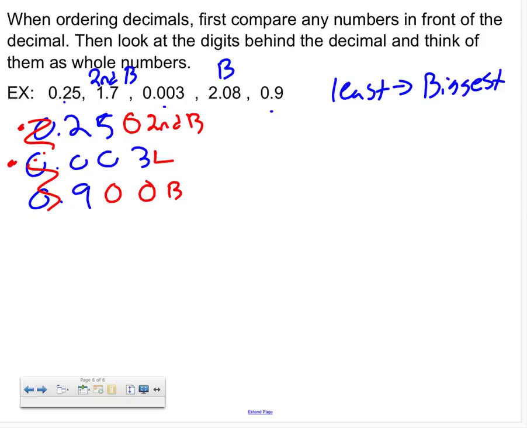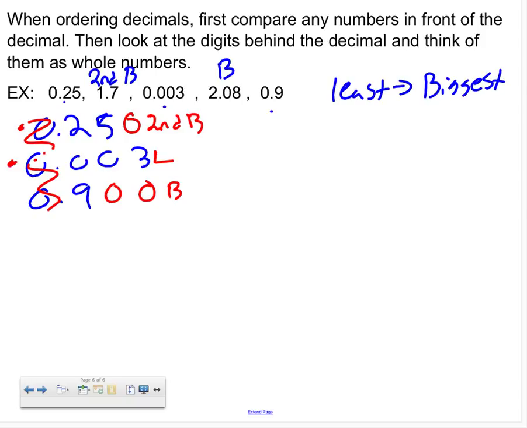So the whole point is to arrange them so that you have the same number of digits behind the decimal for each decimal number, and then simply compare the back end of the decimal. So ignore the front end, just compare the back end and see, if these were whole numbers, which back end number is the biggest. In this case, 900 was the biggest back end number, so it's going to be the biggest decimal number of the 0 point somethings.